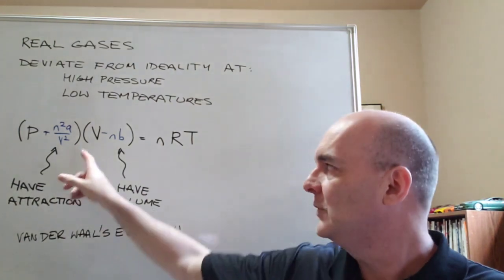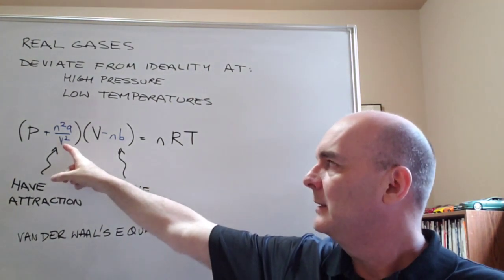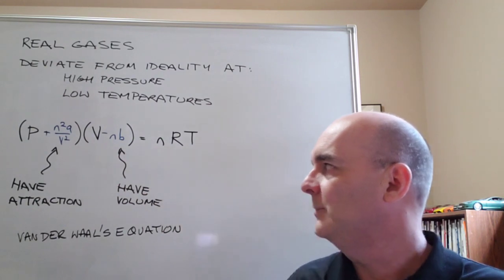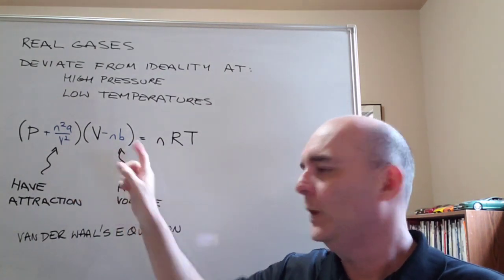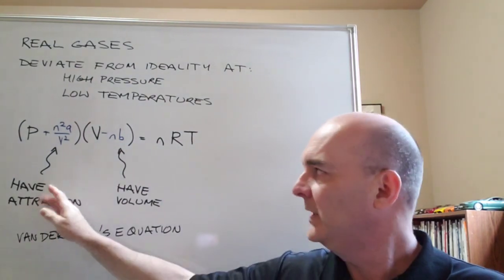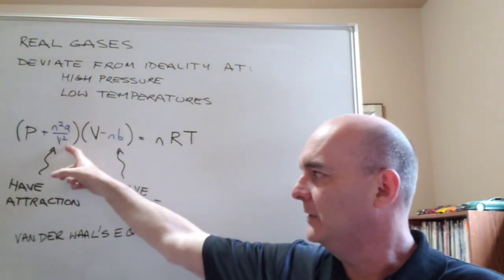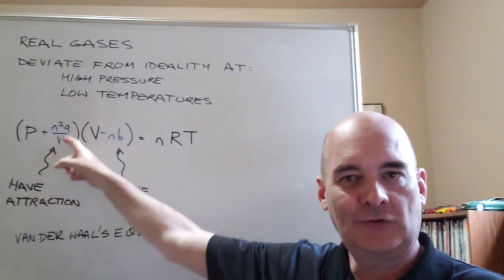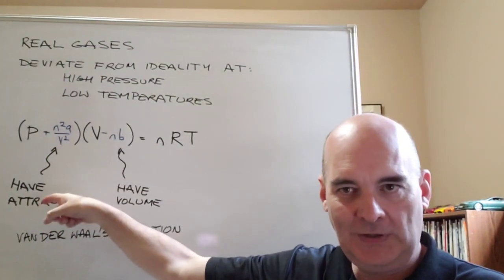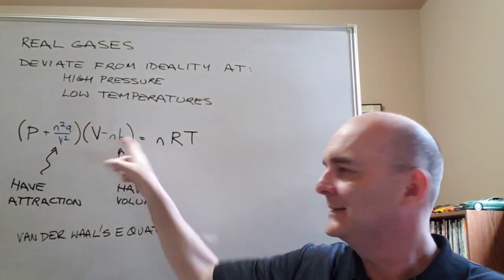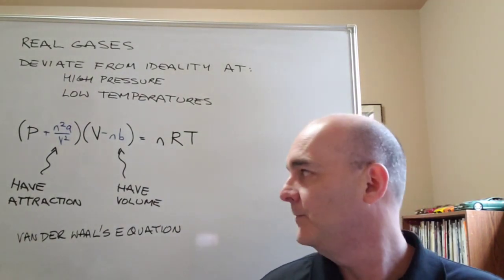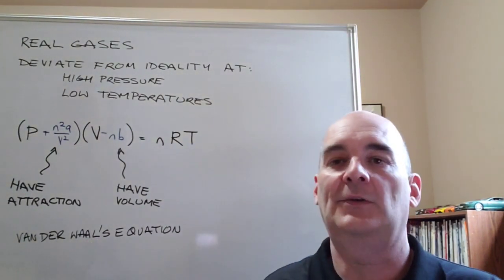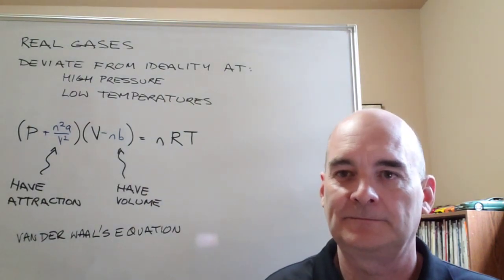And we're going to take the ideal gas equation, PV equals nRT, and make two adjustments to it. One is to show that the particles do have some attraction or repulsion to each other, and the other one is that the gas particles themselves do have a volume. This is called the van der Waals equation.